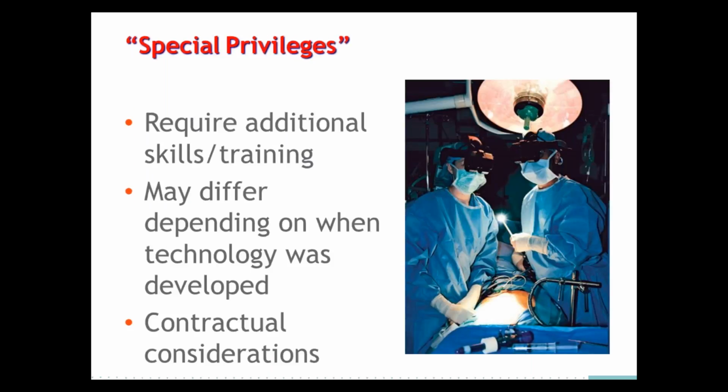Sometimes we have what we call special privileges, or privileges that would be outside of a core. These would be privileges that require additional skills or training, and this differs depending on when that technology was developed. An example would be robotic surgery. It's really only in the last 10 years that we've seen that, and the last 5 is when it's really been ramping up. So robotic surgery is not something that someone who did their residency training 15 years ago would have been trained to do.